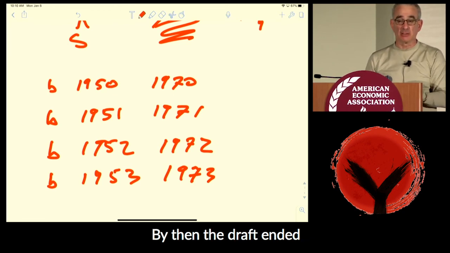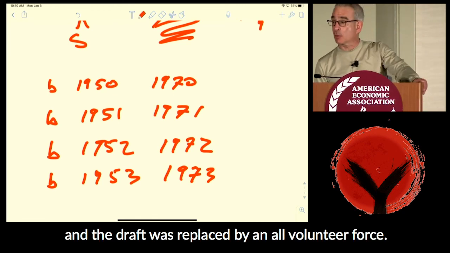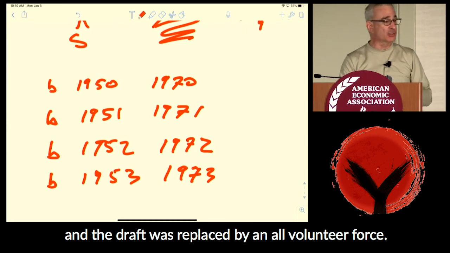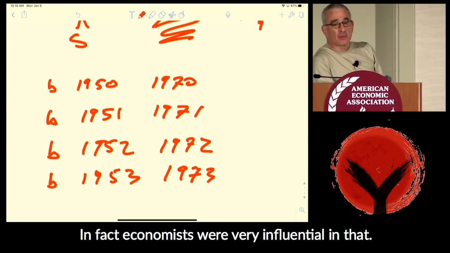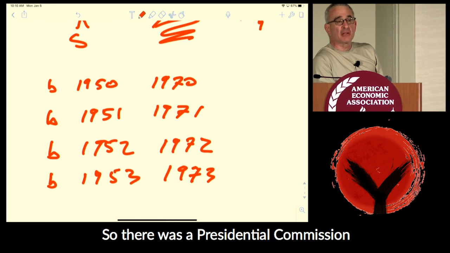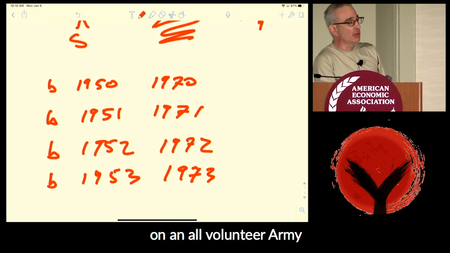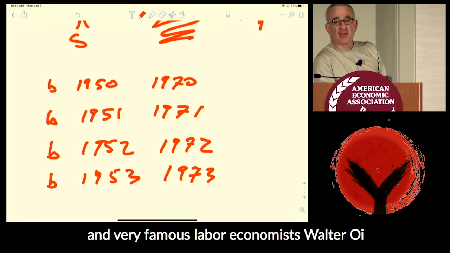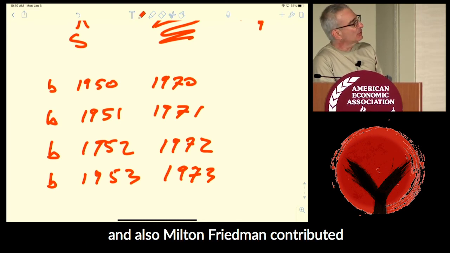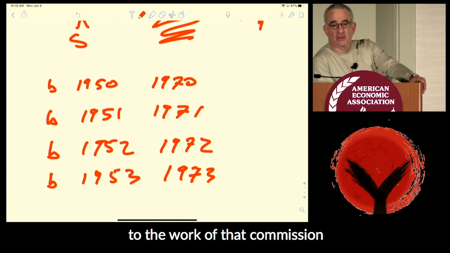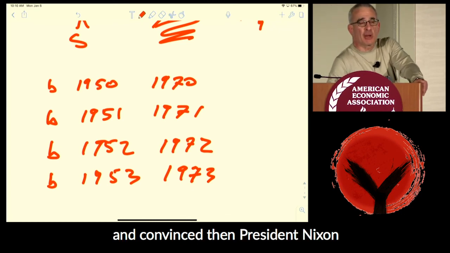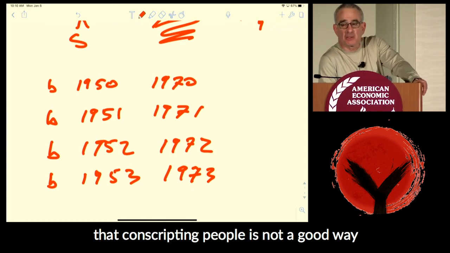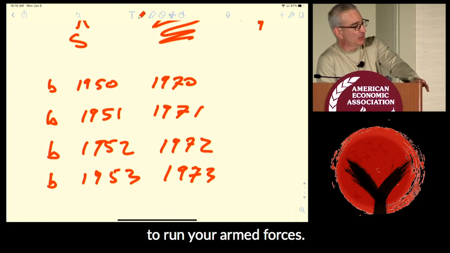By then, the draft ended, and the draft was replaced by an all-volunteer force. In fact, economists were very influential in that. There was a presidential commission on an all-volunteer army, and very famous labor economists, Walter Oi and also Milton Friedman, contributed to the work of that commission and convinced then President Nixon that conscripting people is not a good way to run your armed forces.